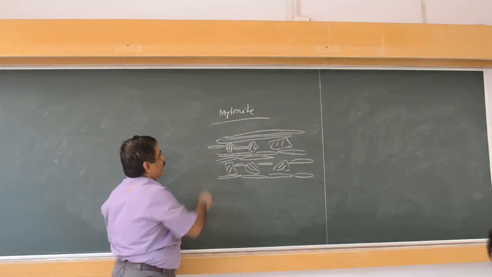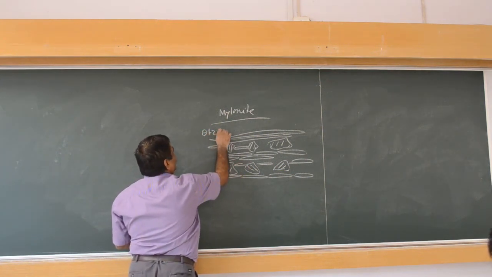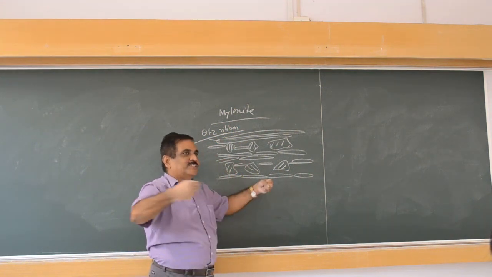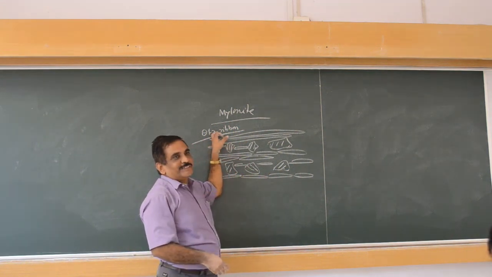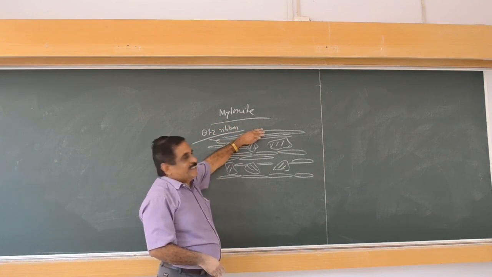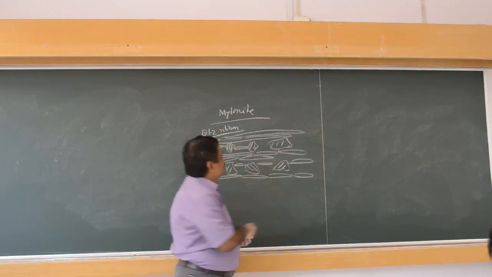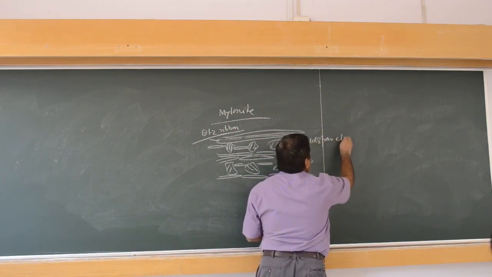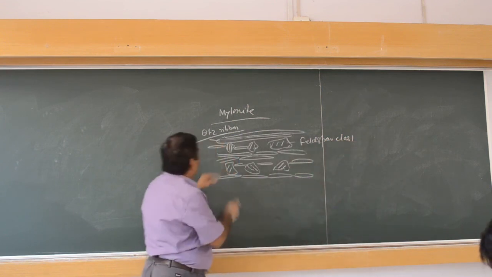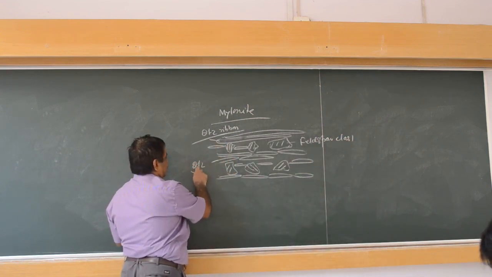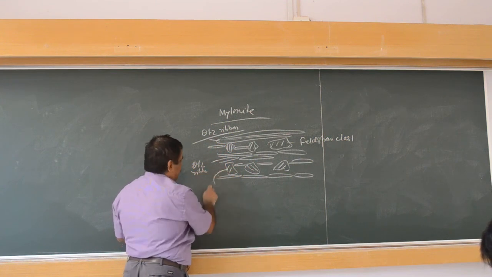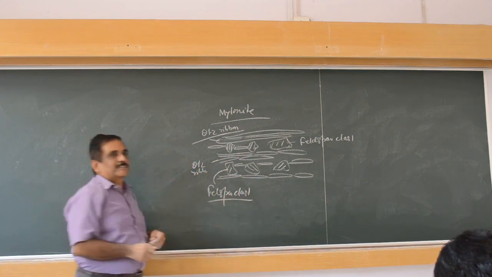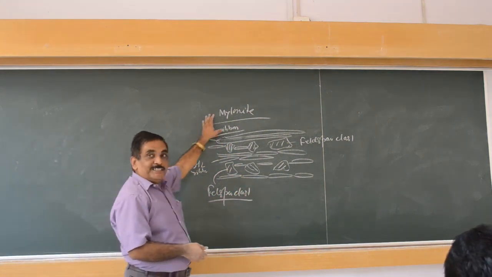This is quartz. What do you call them? Quartz ribbon, because it has behaved in a ductile manner. So quartz will be stretched, soft, and will produce quartz ribbons. This is the matrix part. This is your clast part. So these are feldspar clasts. Then you have quartz ribbon, then feldspar clast. So these are the features present in the mylonite.